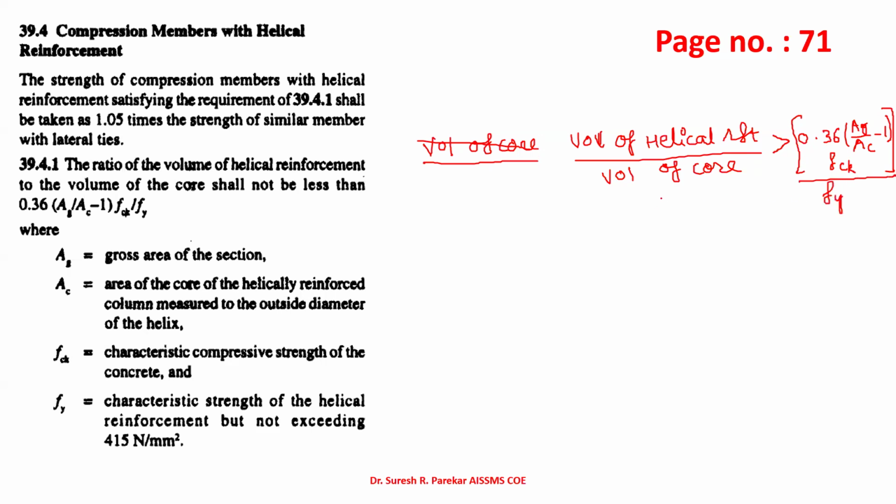And if this happens, then our Pu becomes 1.05 times (0.4 fck Ag plus (0.67 fy minus 0.4 fck) into Asc).